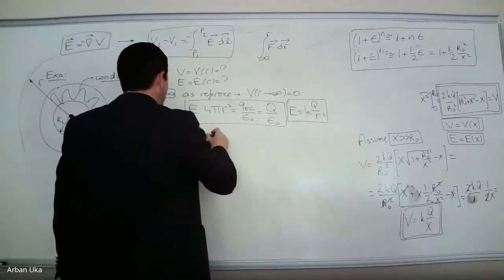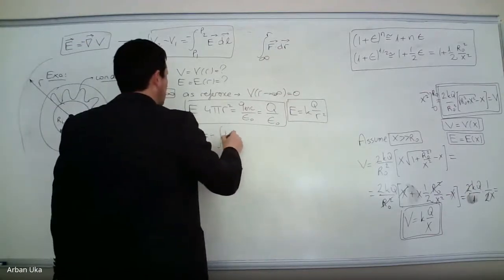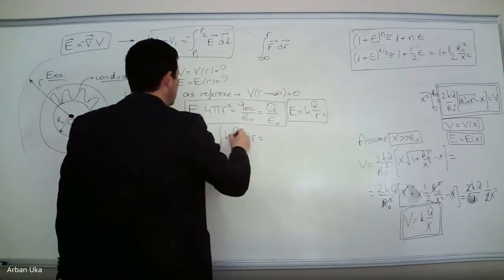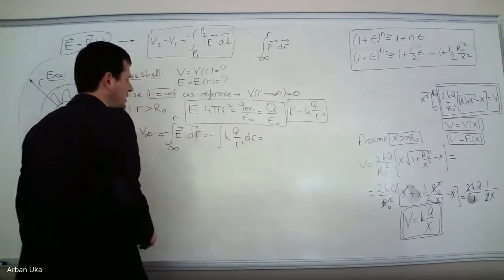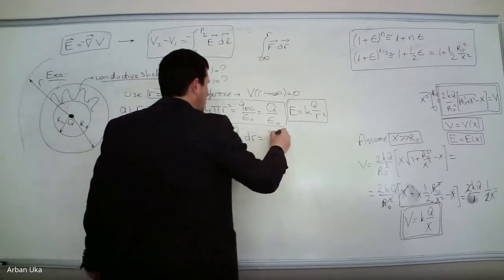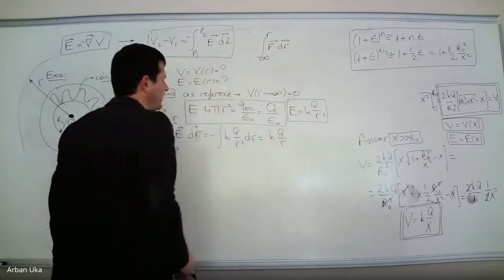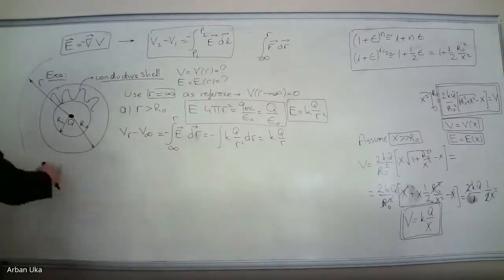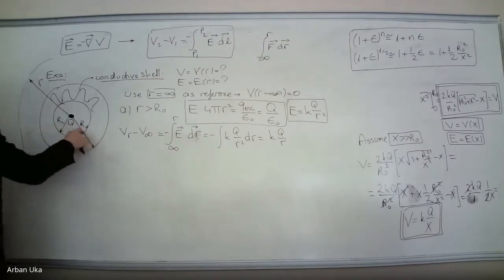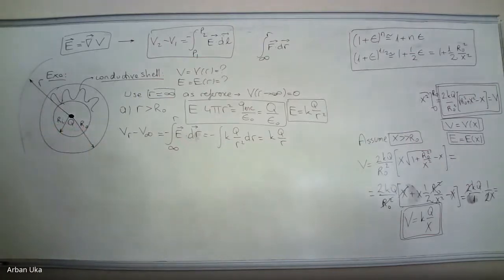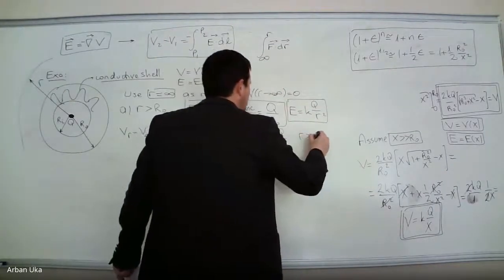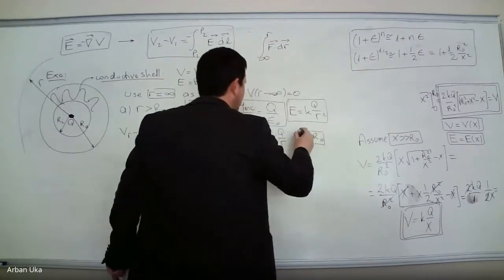And then we get minus kq over r squared dr with a minus sign. What we are going to obtain is kq over r. So this will be the potential outside of R0. So this is R inner, this is R outer, or RO. So this is the potential for R larger than R0.